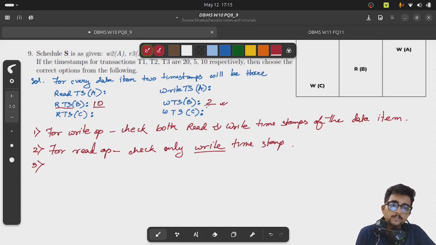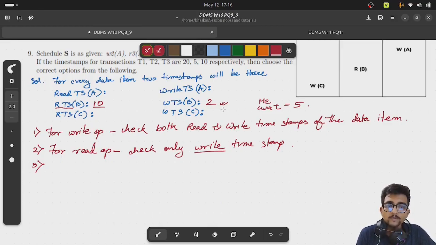Correct? So since the write timestamp is 2, it is an older transaction than me, and me being the current transaction that I'm talking about, that transaction's timestamp is 5. So basically this means that B was written by some older transaction, and if I'm trying to read the value of B now, then it is not an issue because I'm a younger one.